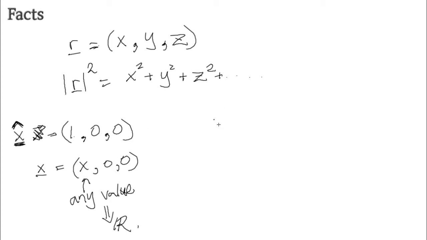What about some other arbitrary direction vector that I want to get a normal value of? Say I have 2, 3, and 1 as my vector n. You'll see why I use n in the future, but for now I'm going to stick with n.